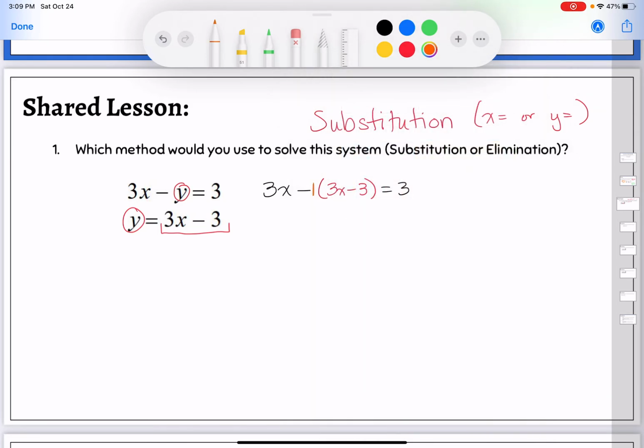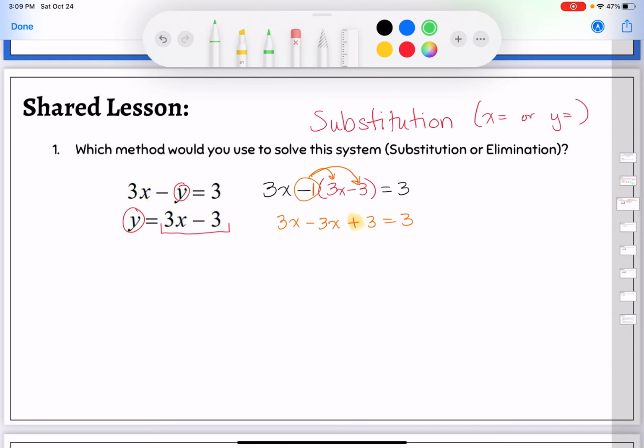Remember, there's that invisible 1 in front of those parentheses, so be careful. I'm going to distribute negative 1 to everything inside here. So 3x minus 3x plus 3 equals 3. I'll tell you, it is very easy to lose that plus sign right there. So be careful that you're distributing a negative 1 on this problem.